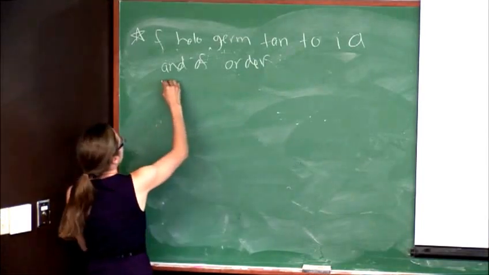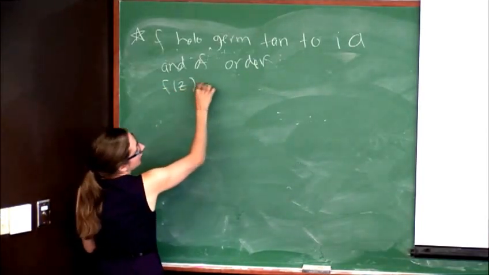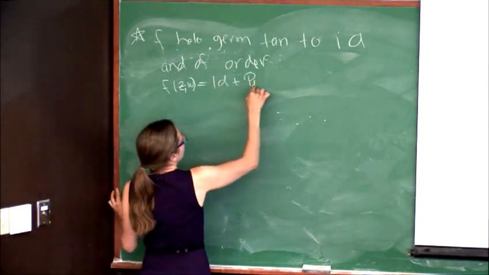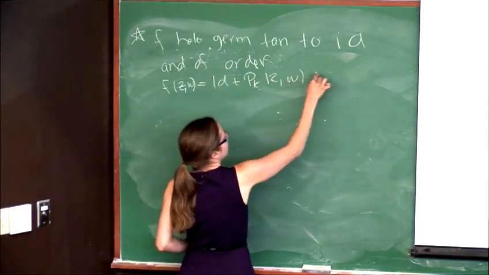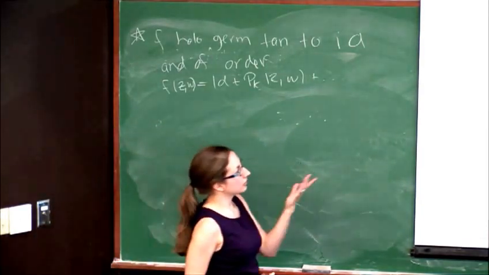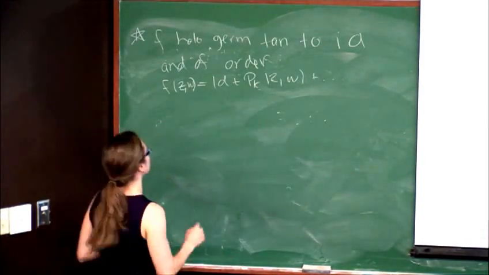That means that we can write f of (z,w) as the identity plus P_k of (z,w), and then we have higher order terms. And then we're going to assume that v is a non-degenerate characteristic direction.